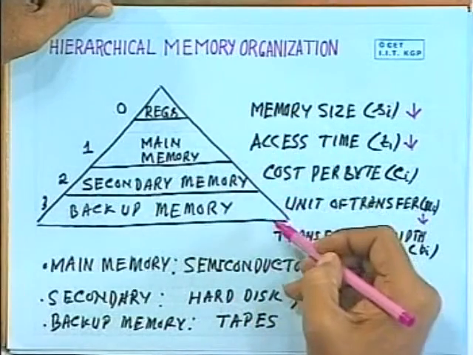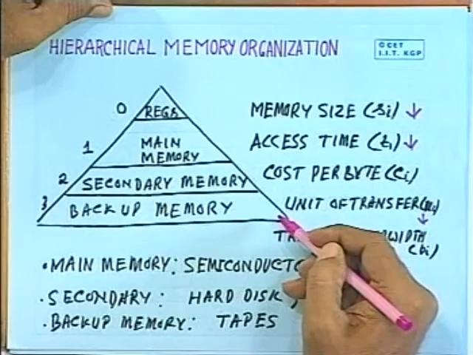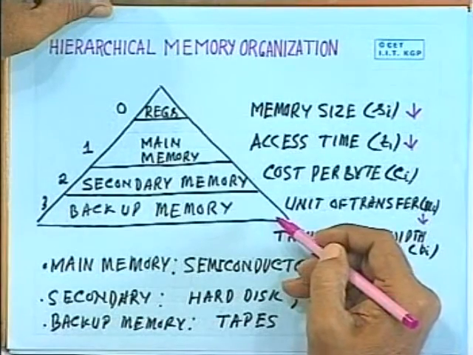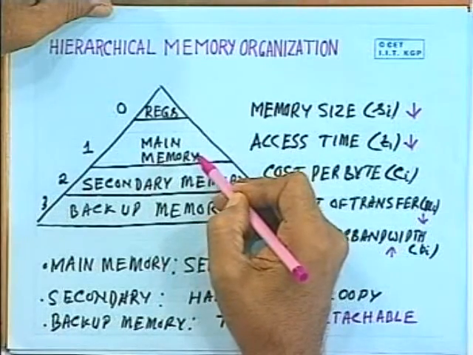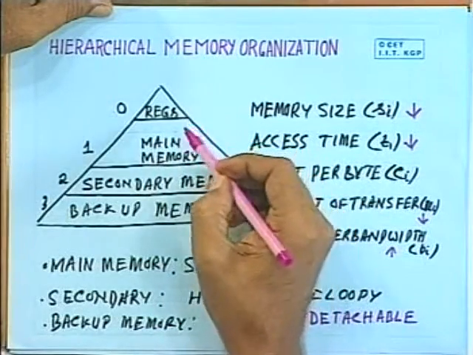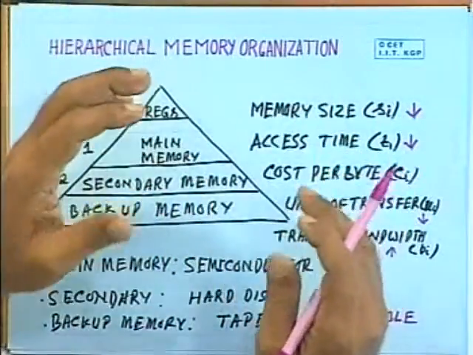So in this way, we try to get the best performance. Later on, you will see that in spite of the fact that the speed of main memory and of all the devices is increasing, there is a big gap between the speed of the CPU and the main memory devices.